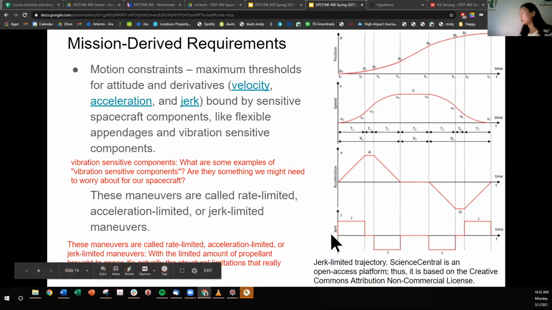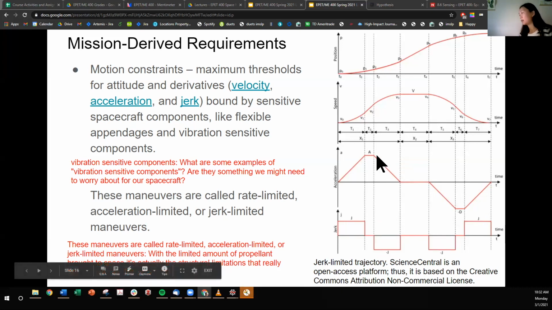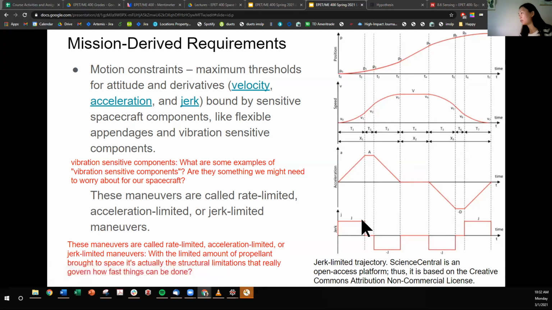And if we get down to our highest derivative, you see these binary steps of the amount of jerk in each time period. So in T1, we have capital J amount of jerk, which is, you can think of jerk as intuitively the physical snapping of motion. So I hope that attitudes, rate, and acceleration are intuitive to you.